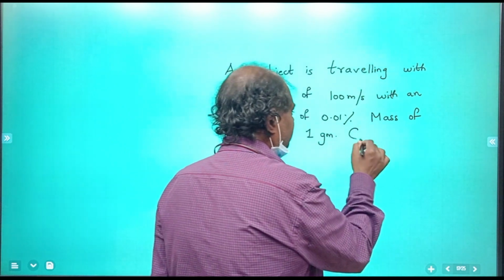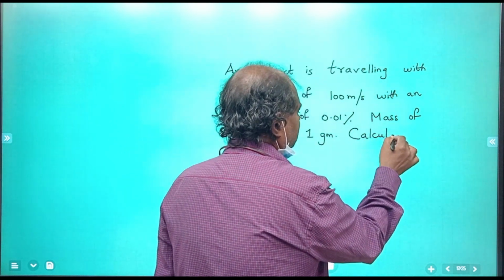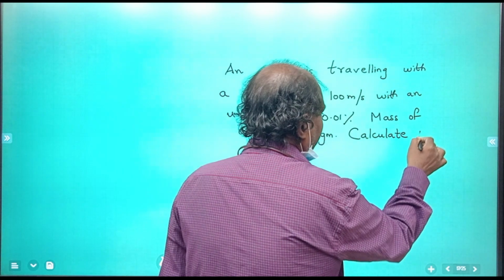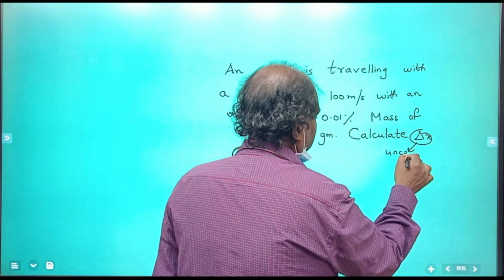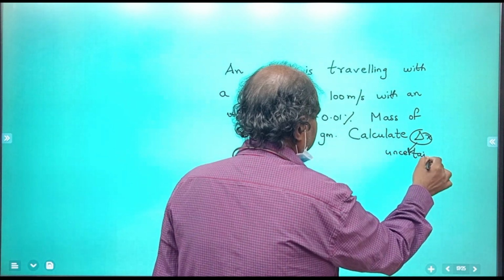The question is, calculate delta x, the uncertainty in position. So how will you calculate this now?